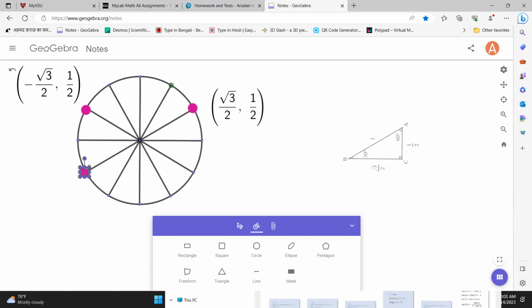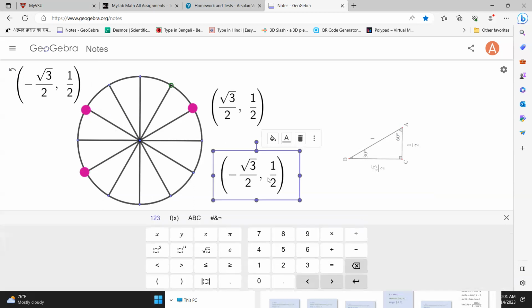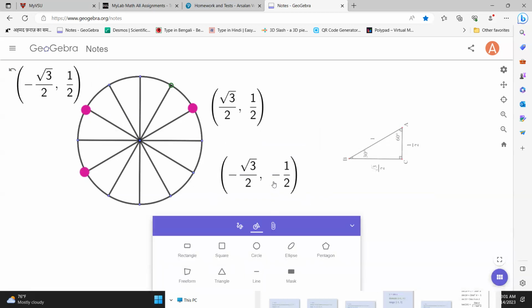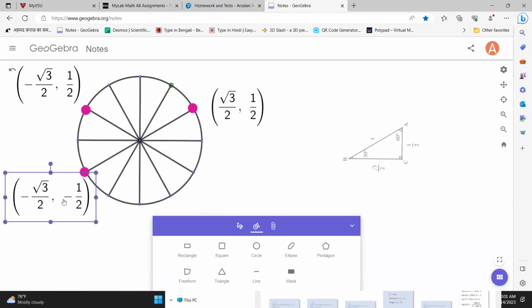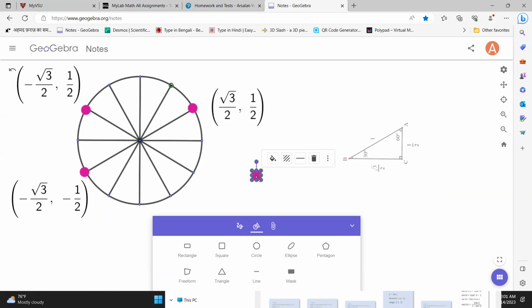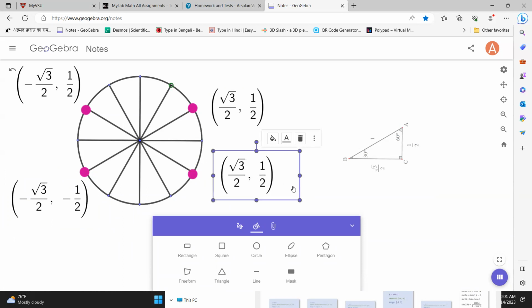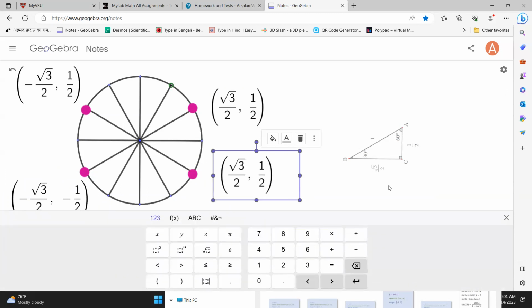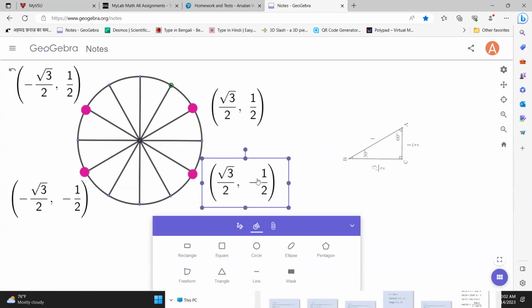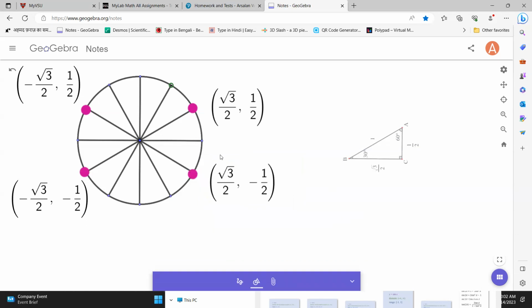If this and this are going to match, they're both going to be negative because it's in the third quadrant. And here, the last one, x is going to remain positive, y is going to be negative. And you have it. So now you know the coordinates.